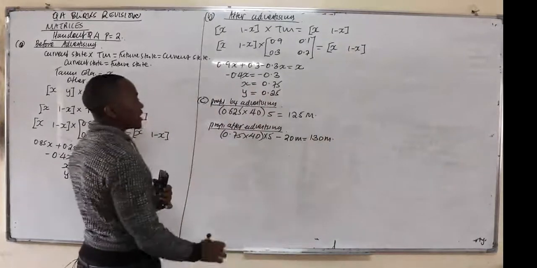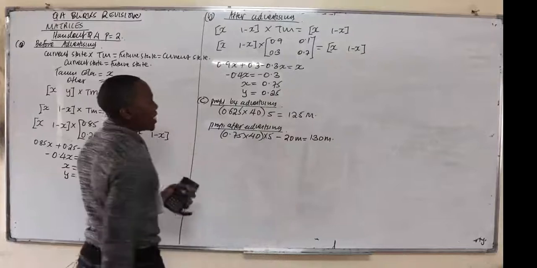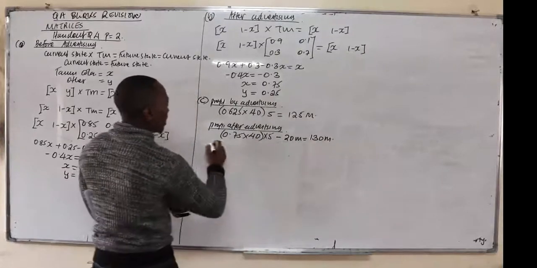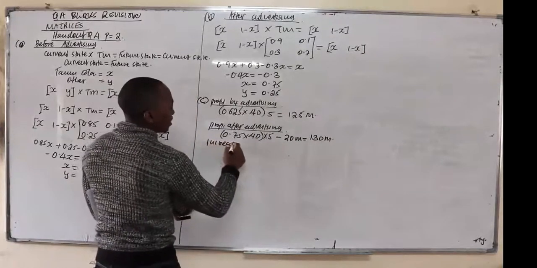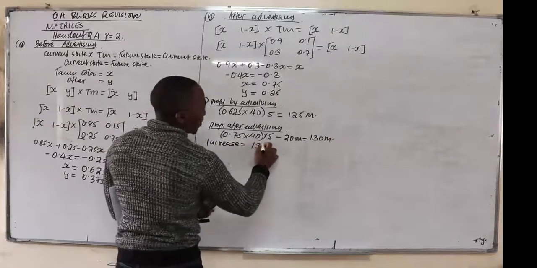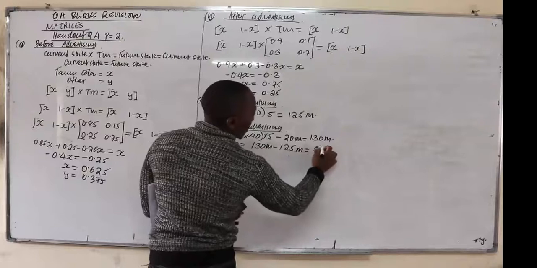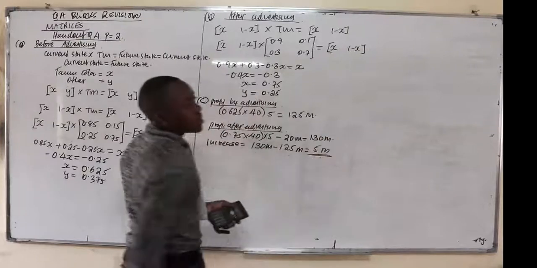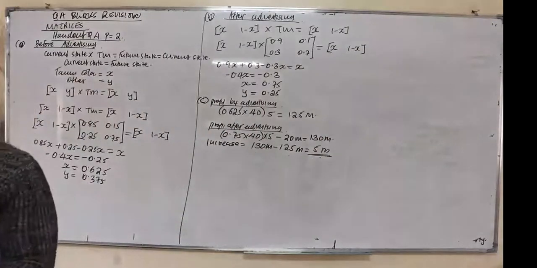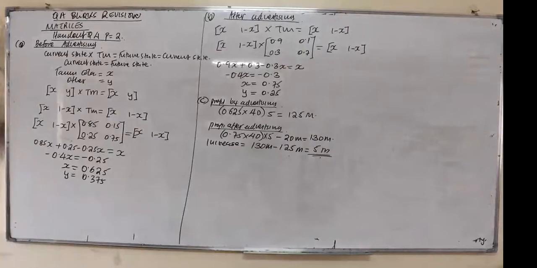So before the advertisement, the profit was 125. After the advertisement it is 130. So there is a profit increase of 5. So you take 130 million minus 125 million. There's a profit increment of 5 million. So that means you can recommend that they should conduct an advertisement. You can take a screenshot of that.